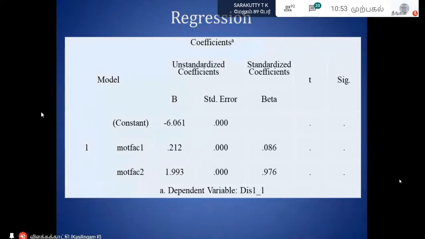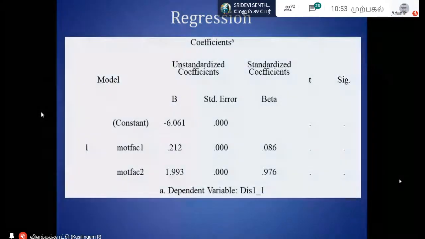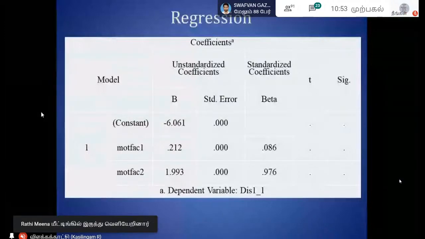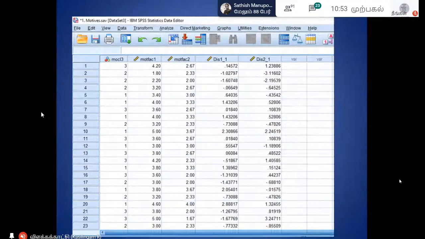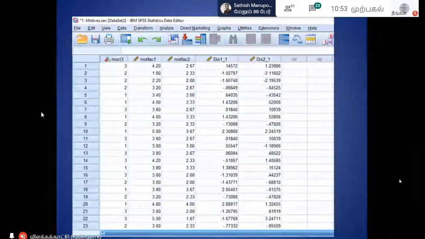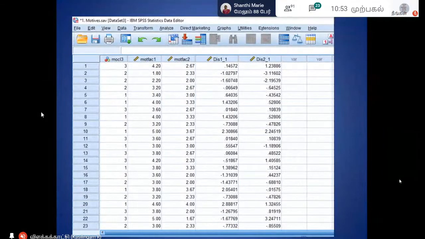Very good, that is my function. I know this is a dependent variable and two independent variables, and these two are generated functions.